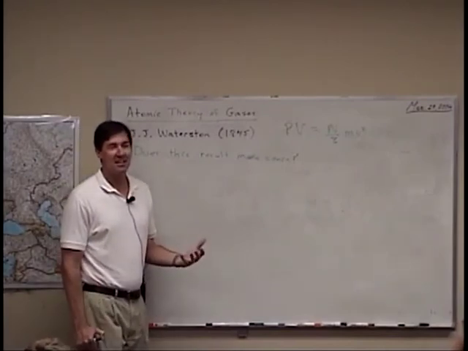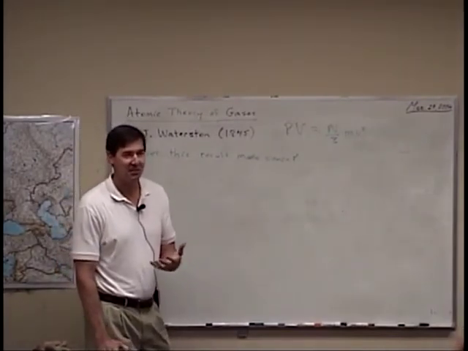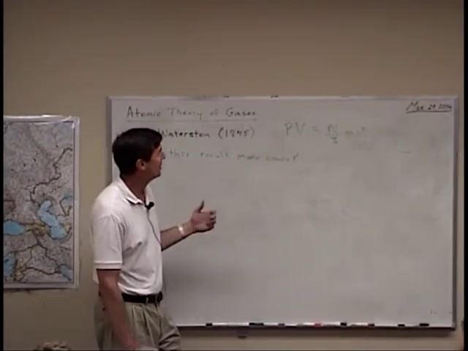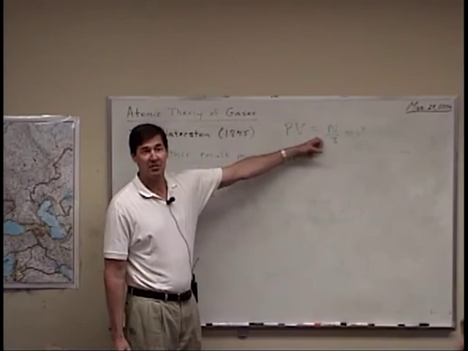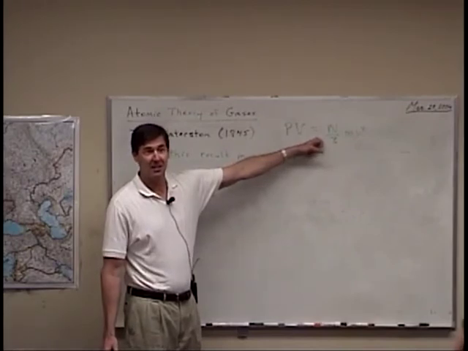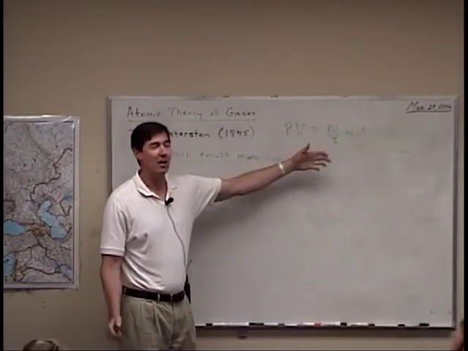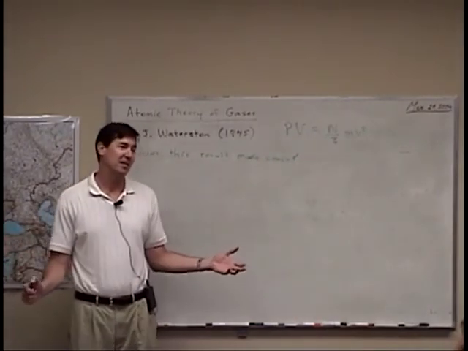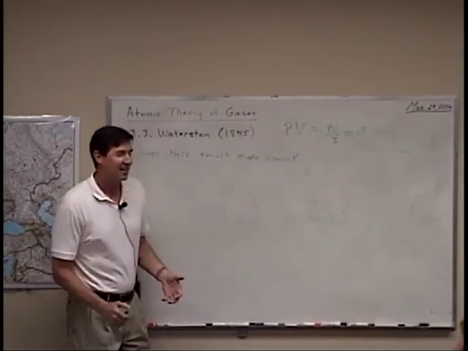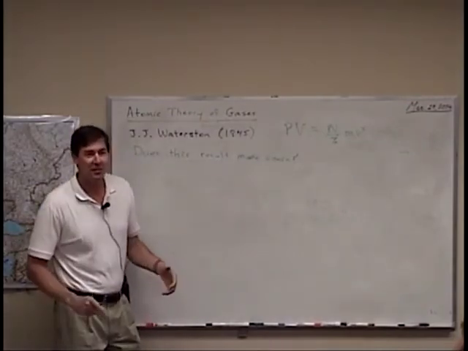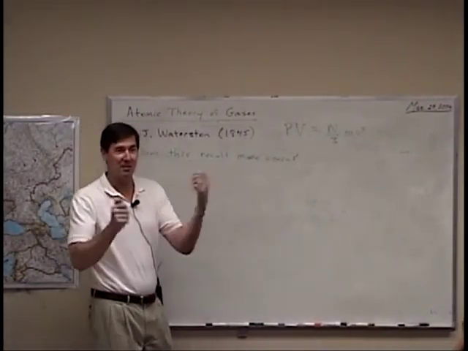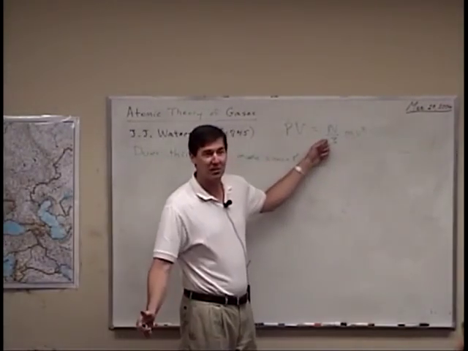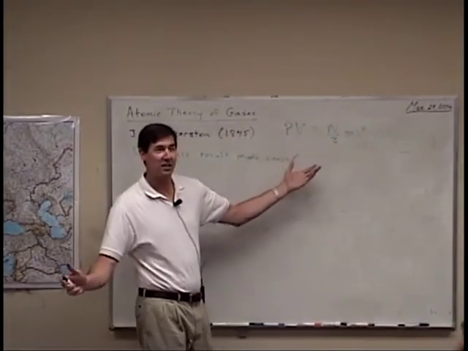And the idea of these reviewers that saw the paper and didn't think anything of it was that they judged this to be fantasy. They figured, well, yeah, Waterston can make up this silly model that gases are collections of billions of superballs bouncing around, and you can derive this equation from that fantasy, but it doesn't connect with observation.